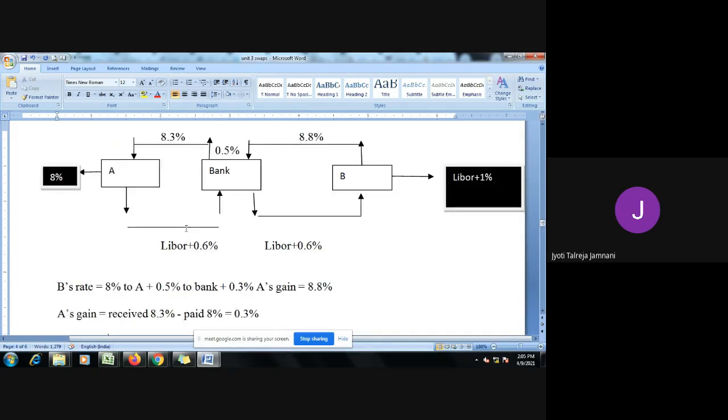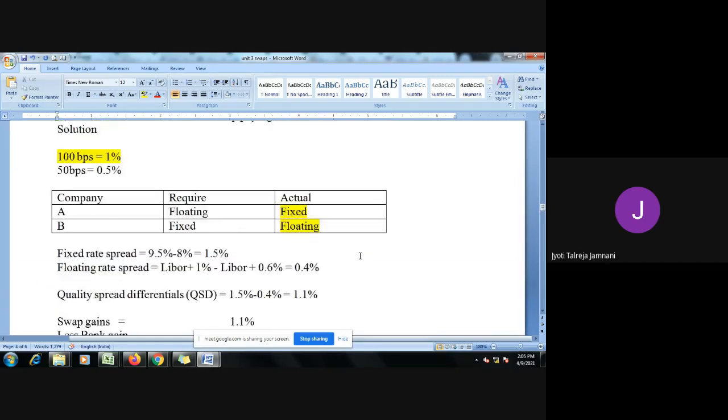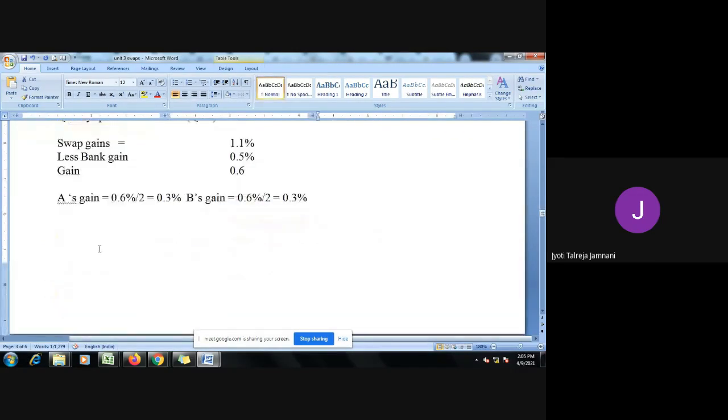B has received, or B would have paid. So if B would have done fixed like it wanted or required, then B's fixed rate would be 9.5%. So it would have paid 9.5%.